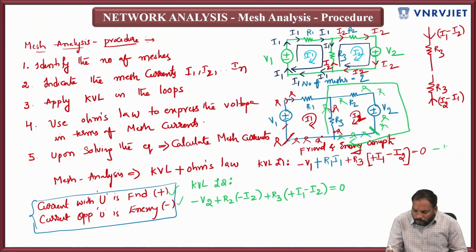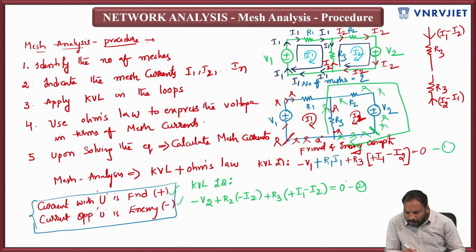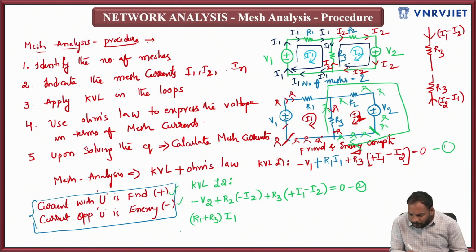So I think you got 2 equations. Rearranging the 2 equations, equation 1: R1 plus R3 into I1 minus R3 I2 equal to V1. This is equation 1.